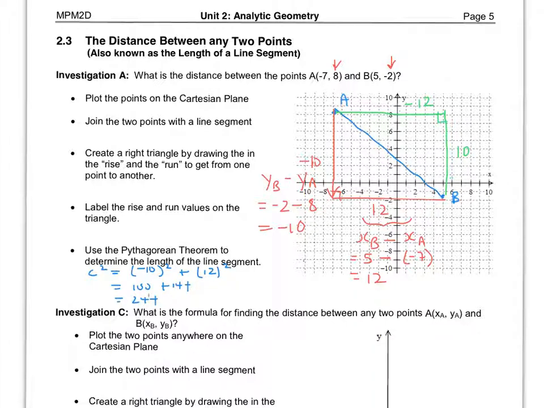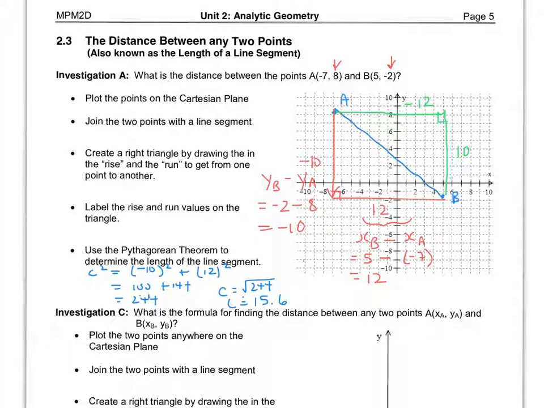So that's the length squared. Now what I need really is the c. The c would equal the square root of 244. There's my exact value, which can be approximated to be 15.6 roughly to 1 decimal place. If you go to 2 decimal places, it's 15.62. We'll just leave it at 1.